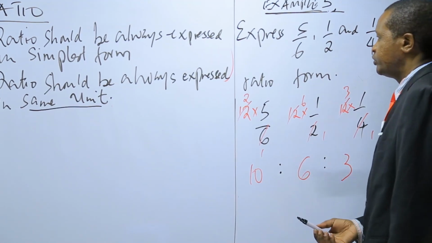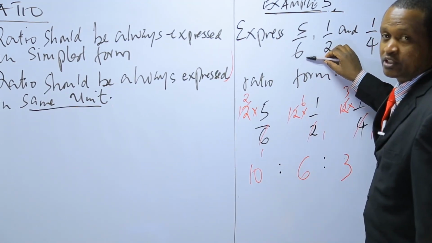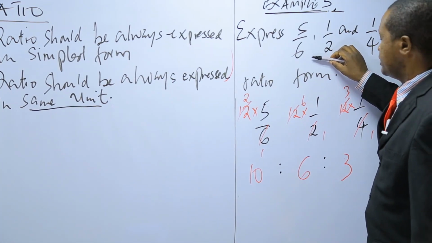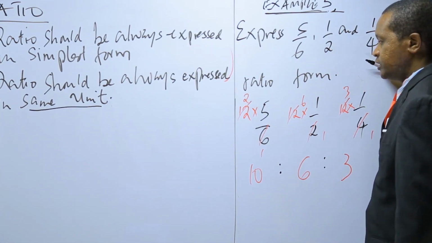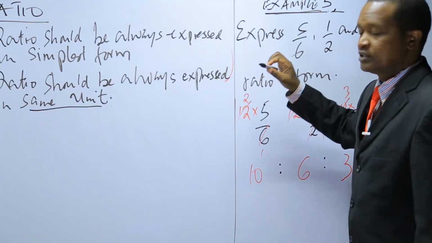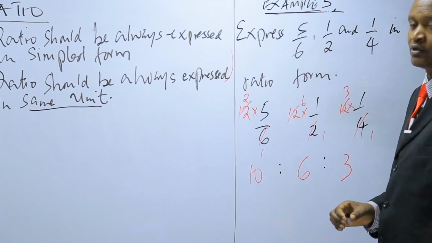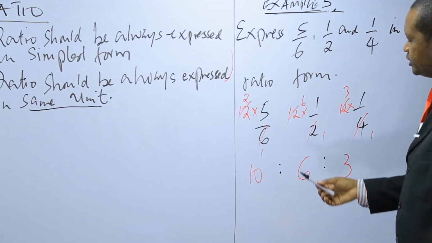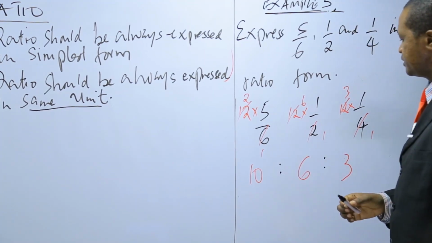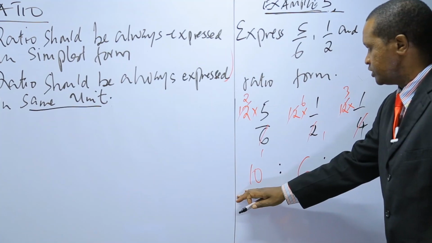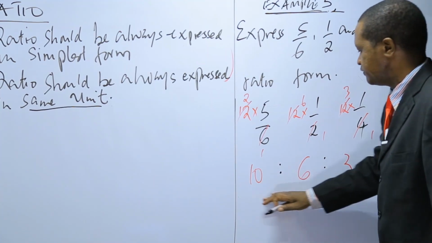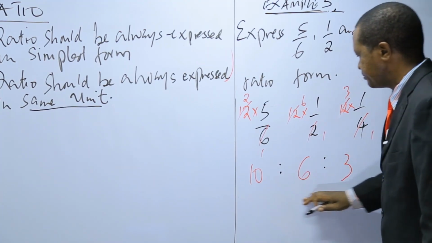So where you have quantities expressed as fractions and you want to convert them to ratio form, we first do away with the denominators, then simplify to the simplest form.